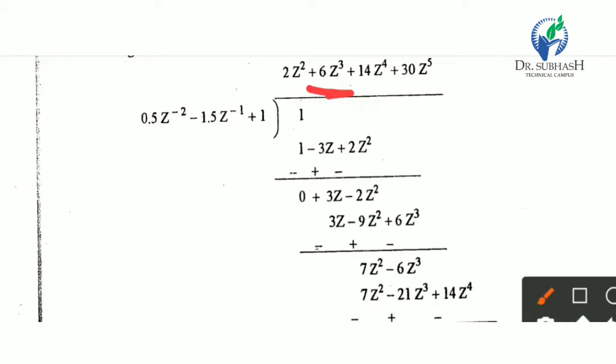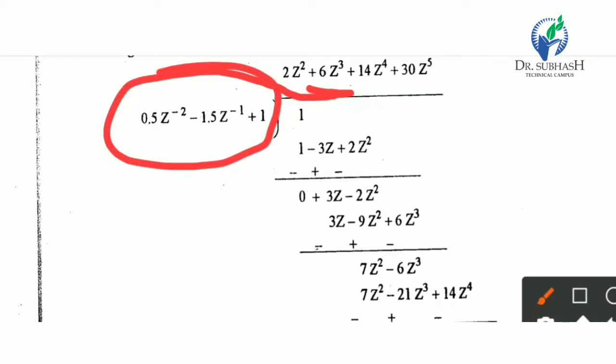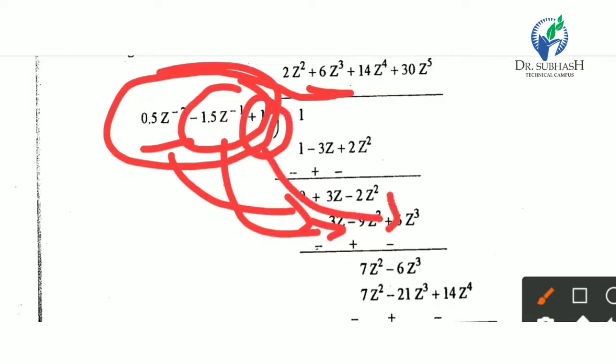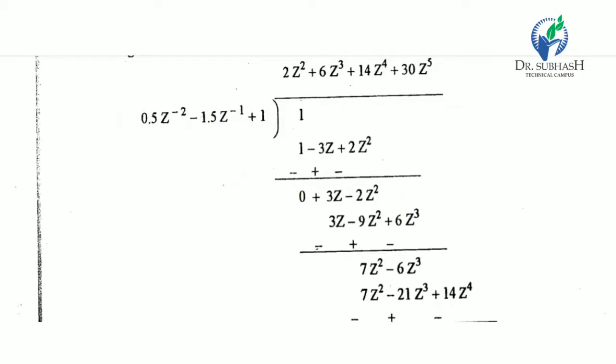Now plus 6z cube multiplied with the whole equation. So plus 6z cube multiplied with the 0.5 z raised to minus 2 becomes 3z. 6z cube multiplied with the minus 1.5 z raised to inverse becomes minus z square. 6z cube multiplied with the 1 becomes plus 6z cube.